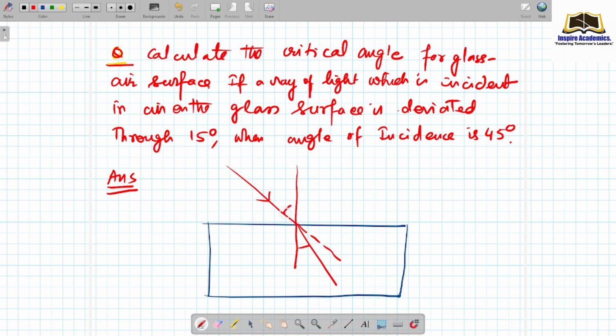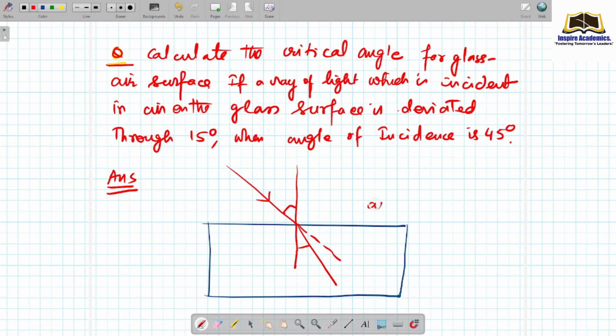So this is where CBSE comes into practice. We think that it will happen on its own. If you really see how the question goes, calculate the critical angle for glass air surface.